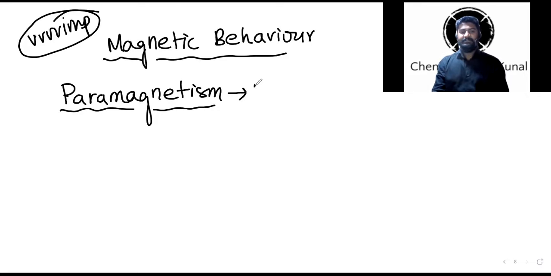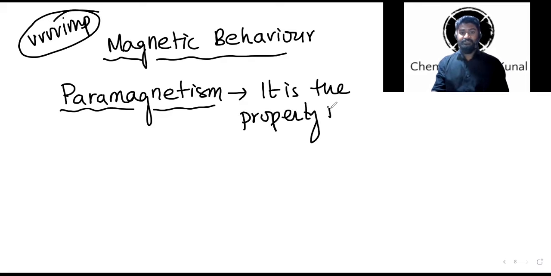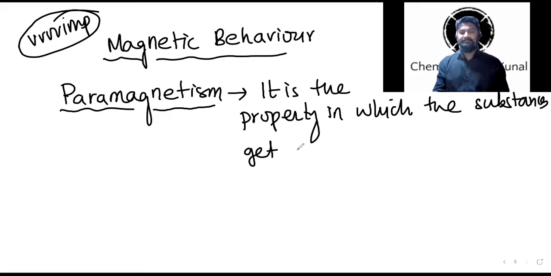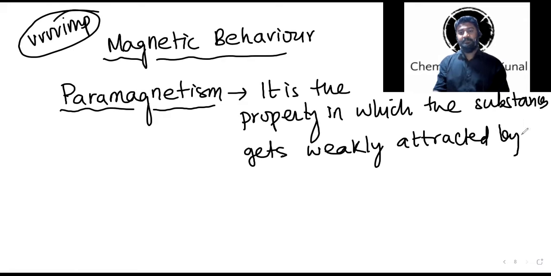Para means it is the property in which substances get very weakly attracted by the magnetic field.